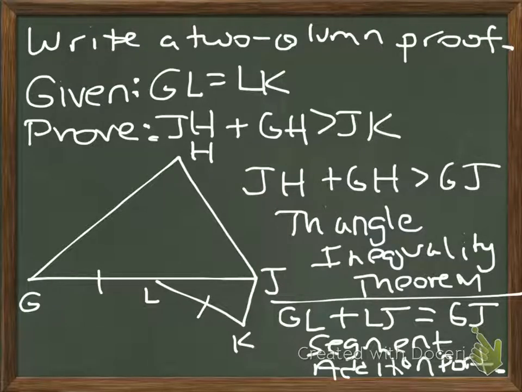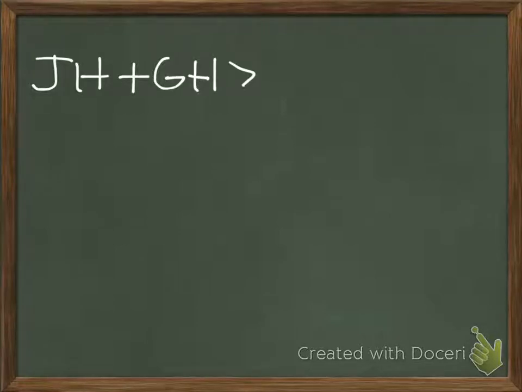So now we have GJ and what it's made up of. Now we can do some substituting. So we could say JH plus GH is greater than GL plus LJ instead of saying the whole thing GJ. And that's just substitution.